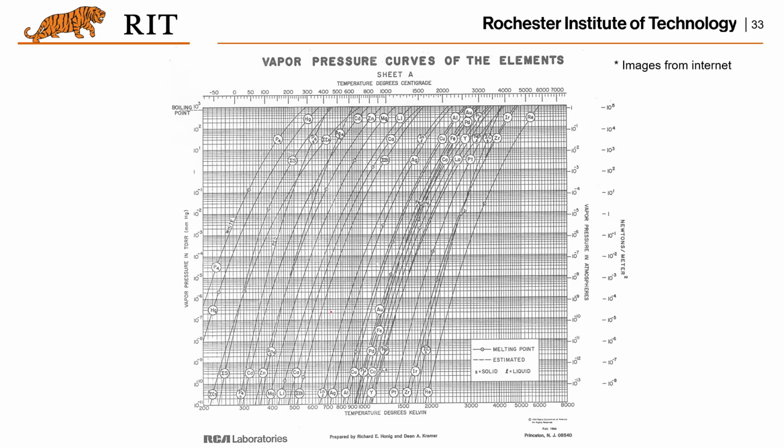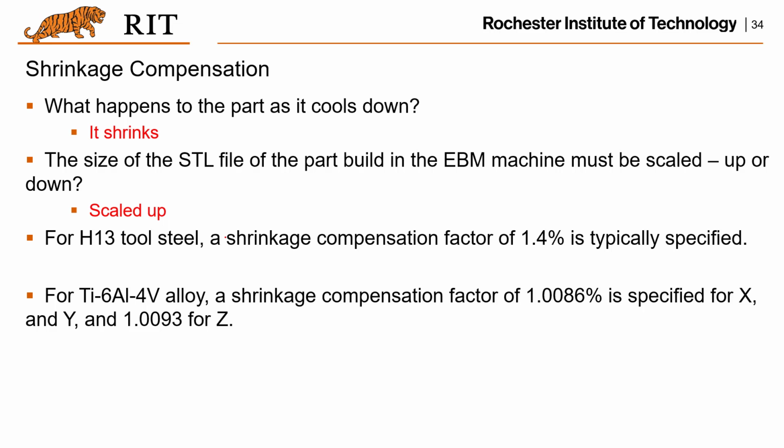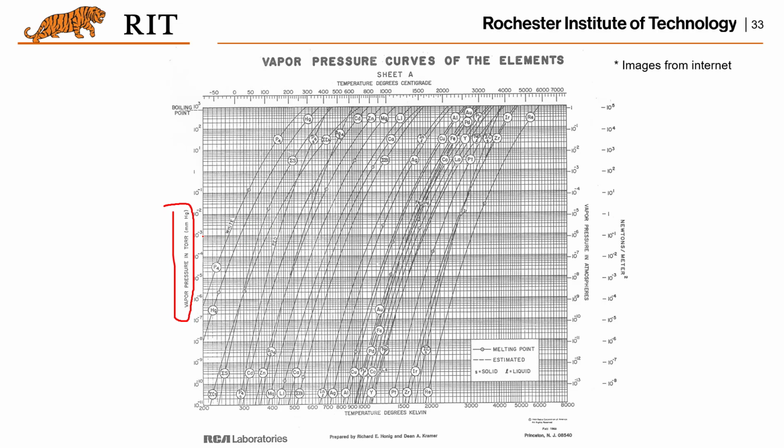So we need to look at these curves. Here gives you the vapor pressure in the unit of torr. We need to look at this line, which is the given pressure, and also the melting temperature is something like this. Then we look at the curves of zinc and Mg.